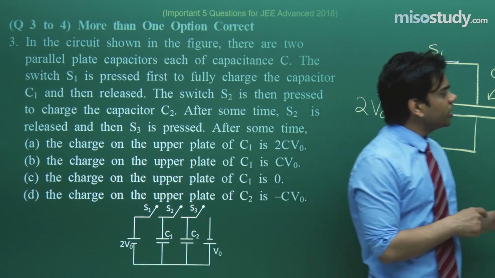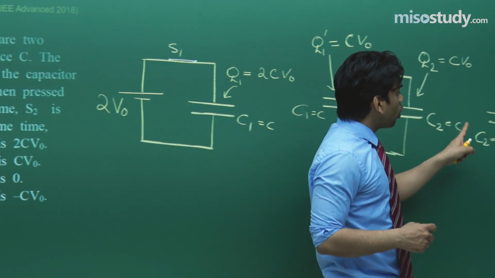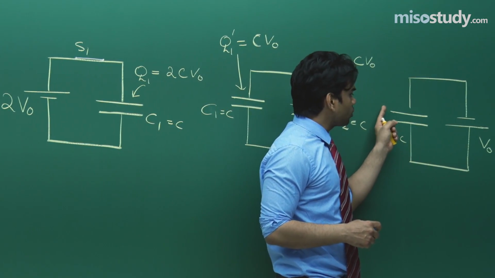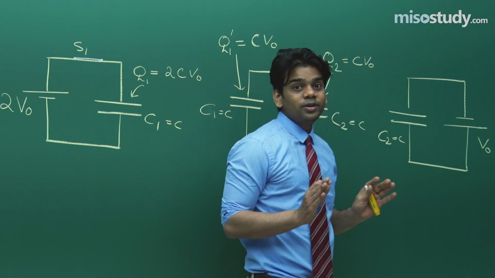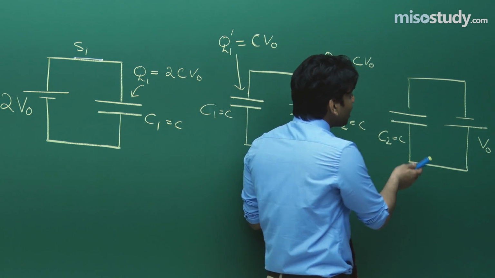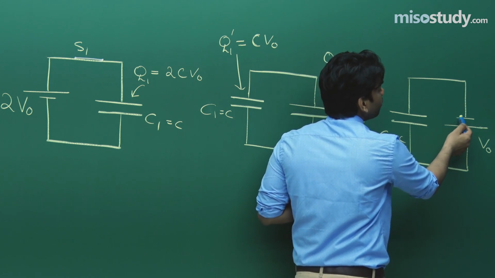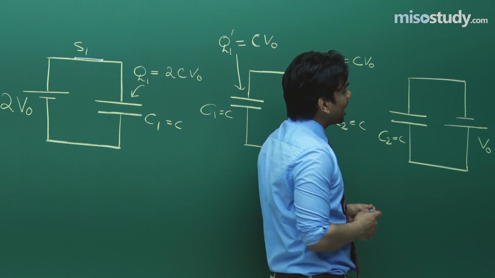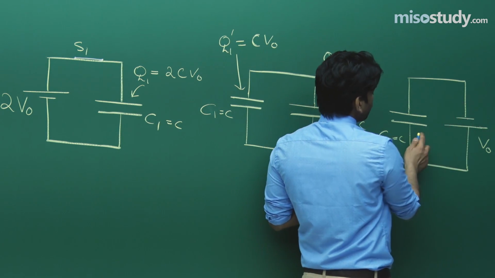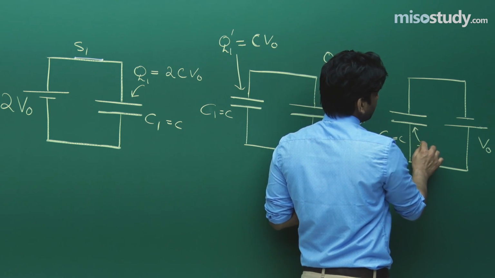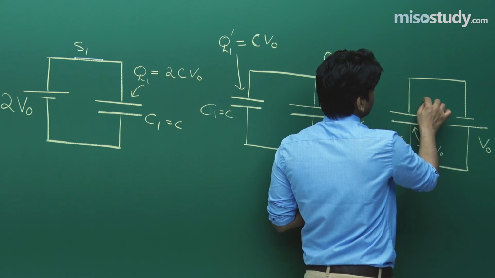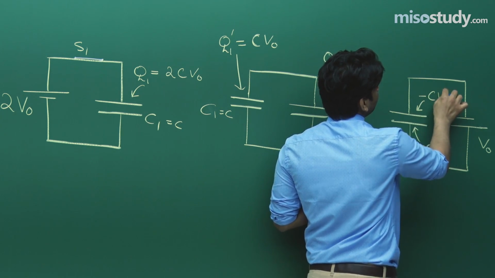So let's switch to the diagram. Initially the upper plate was having CV0, but that will be no more CV0. The charge appearing on these plates will depend upon the final battery connected. You see the negative polarity is here. So this plate will have plus CV0 and this plate will have minus CV0.